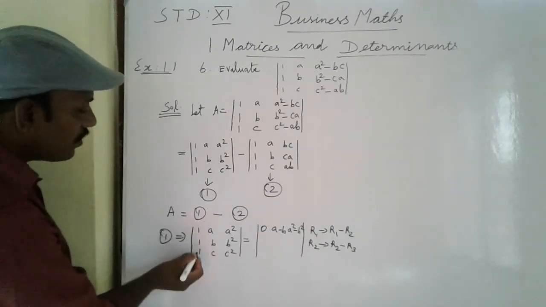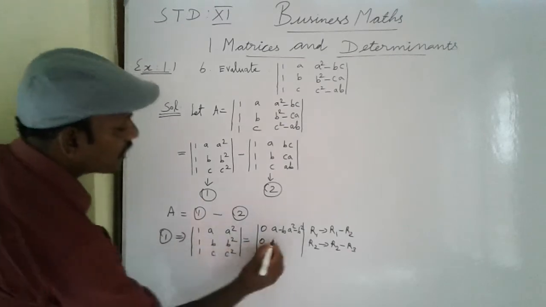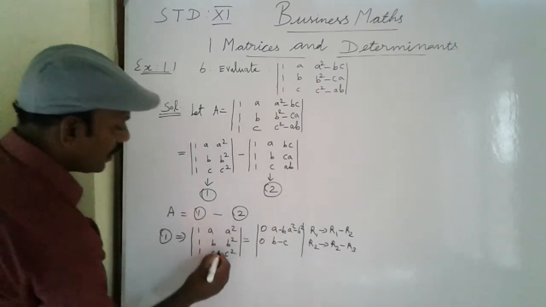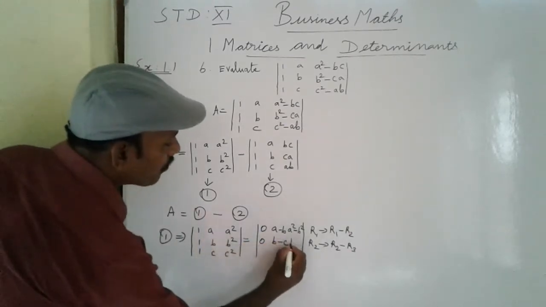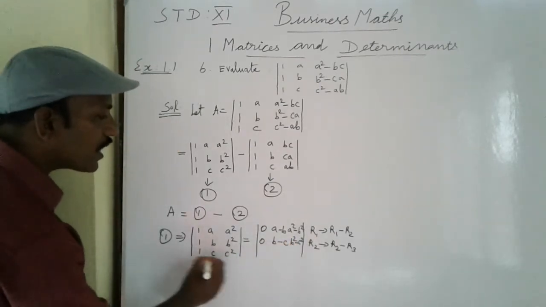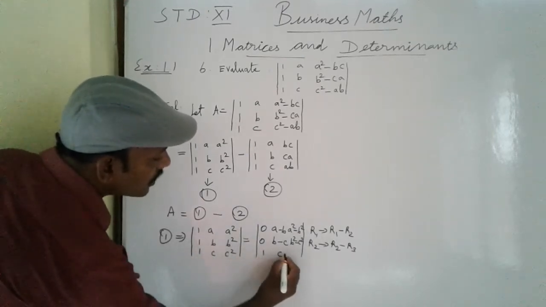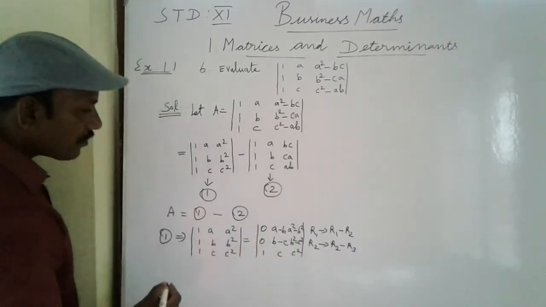R2: 1 minus 1 is 0, b minus c. Next b square minus c square. Next third row we should write same: 1, c, c square.